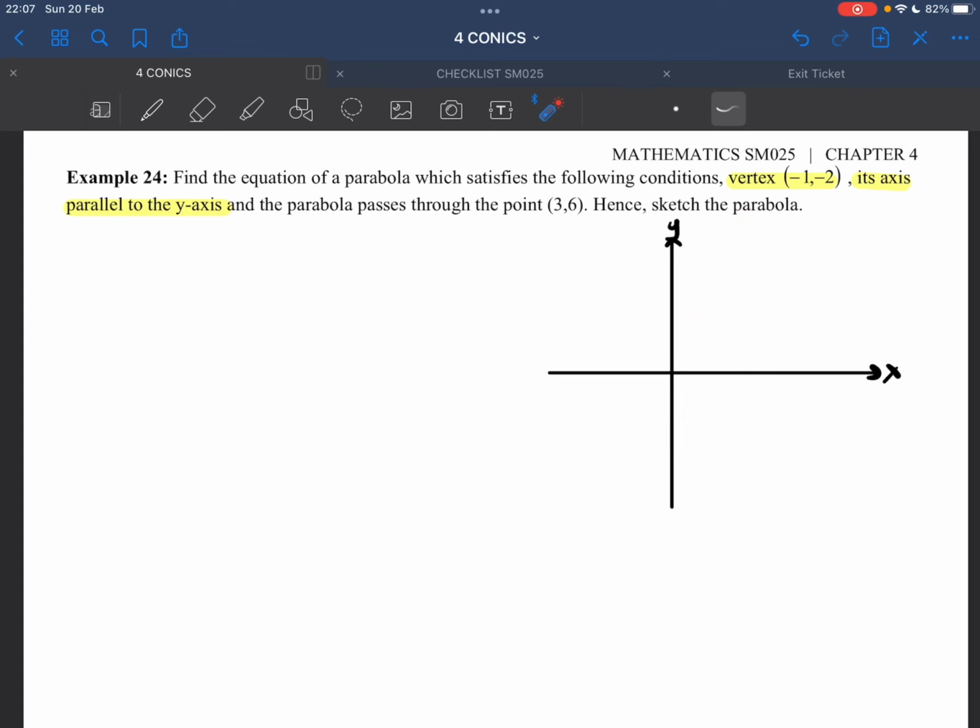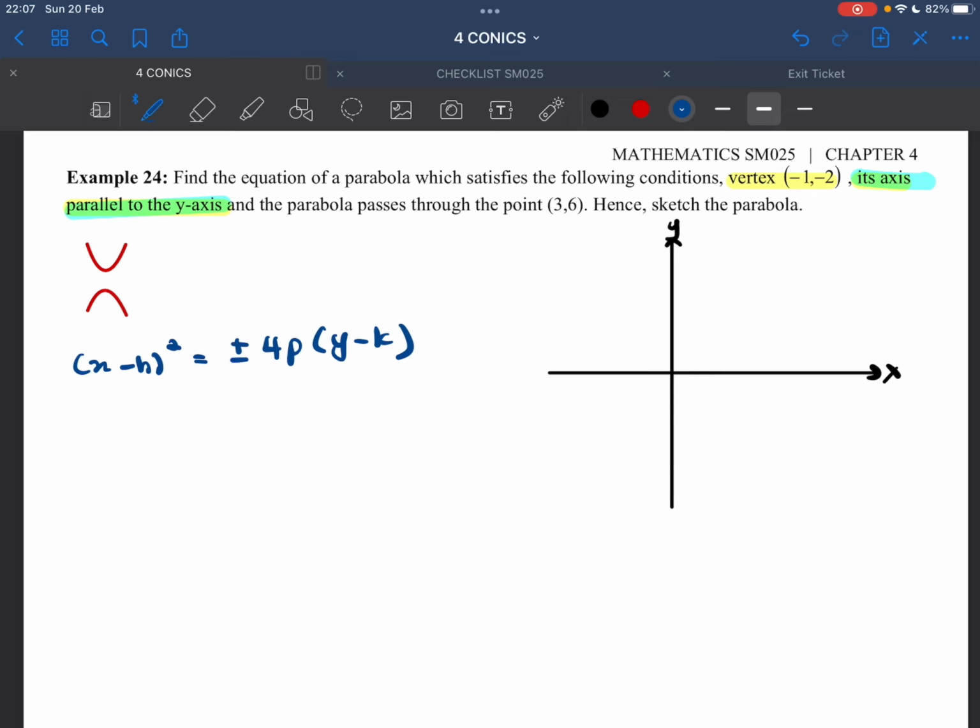So from this sentence, we know that the shape either opens upward or opens downward. Now the equation for opens upward or opens downward is (x minus h) squared equals plus minus 4p (y minus k). So which one does this question ask us to find?